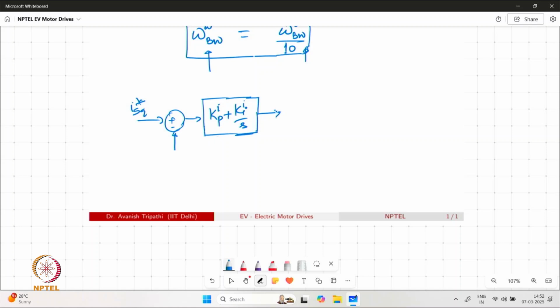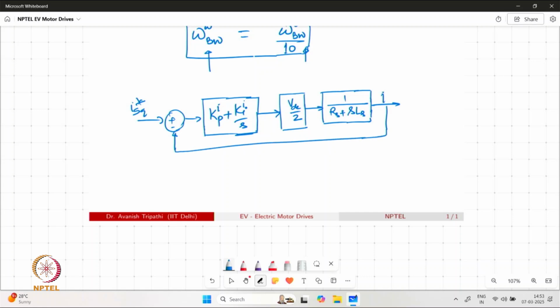So the output generated by the PI controller is now fed to the gain VDC by 2, which is the inverter model, and the output of that is fed to the first order plant. And we have the feedback of ISQ appearing over here.